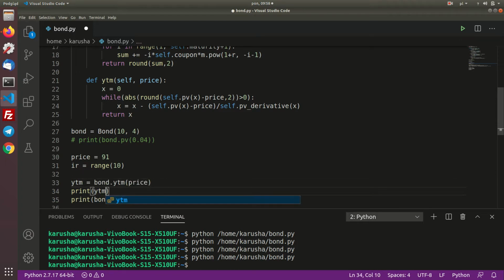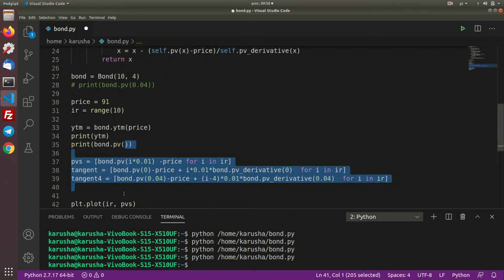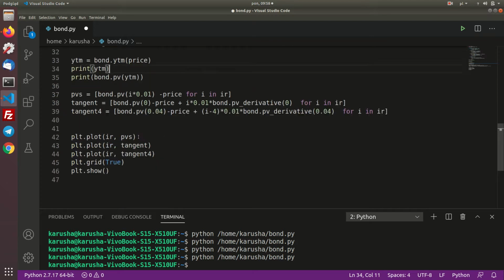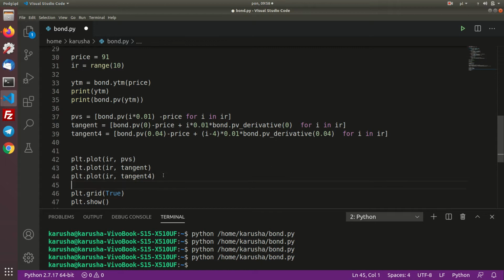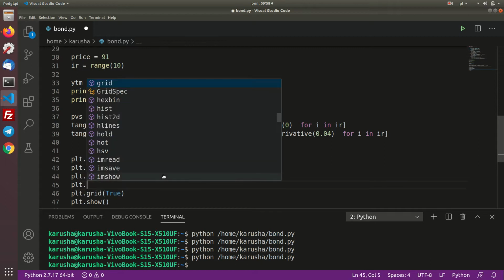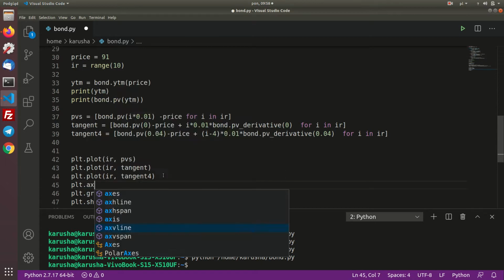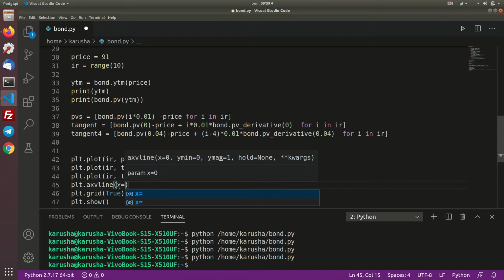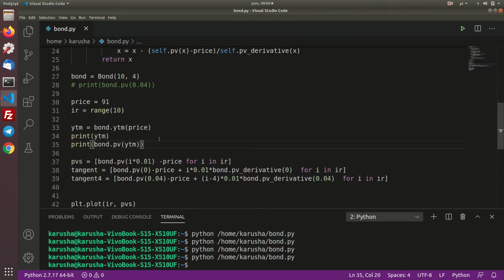So here we're going to print it. Then we're going to calculate the price based on it, and we expect this number to be the same as the original price, right? Because this is where we started. And let us also plot it on the graph. So we're going to use plt, this is a function that plots a vertical axis line, at x equal to yield to maturity. Okay, let's see where this gets us.